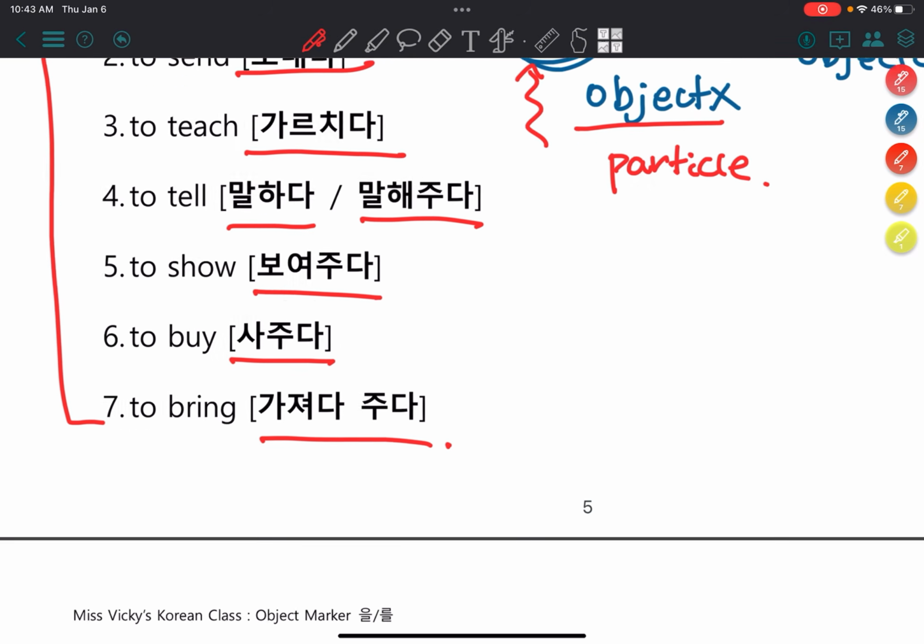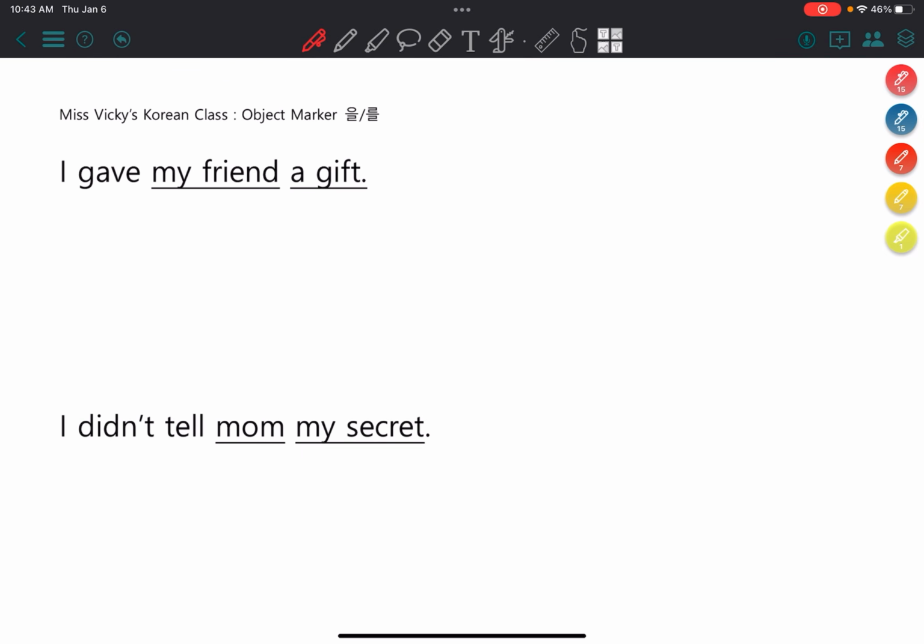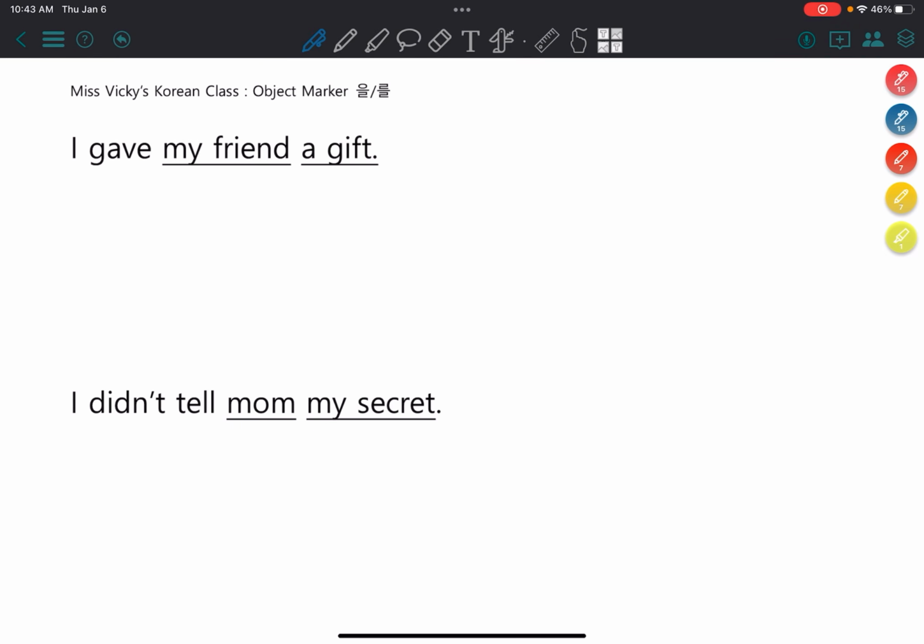And let's learn more in depth using example sentences. So let's try this sentence first. I gave my friend a gift. Like I just mentioned, this is the direct object, and this is someone who is bestowed something to, right? So we wouldn't mark my friend with the object marker, just a gift.